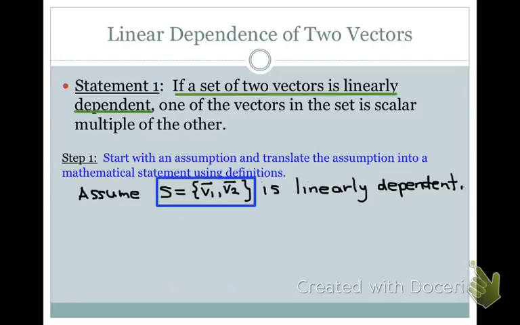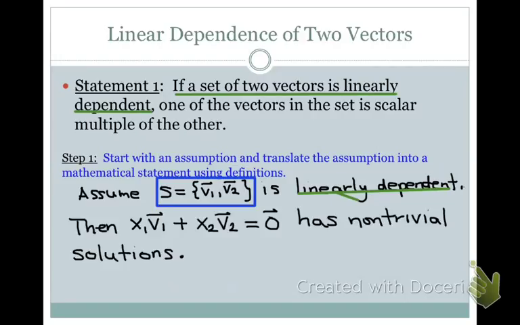Now I must translate this statement into some type of mathematical statement using a definition. Notice here that we say the set is linearly dependent, and we have a mathematical definition for that. So let's employ that now. The definition of linearly dependent tells us that if I take this set of vectors and put them in linear combination, that homogeneous equation has non-trivial solutions.